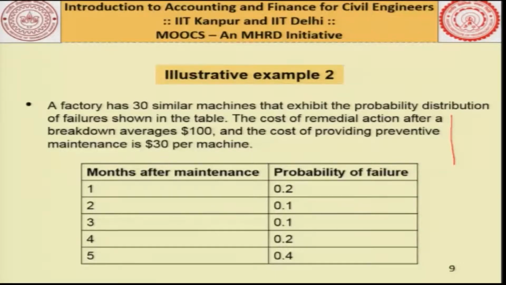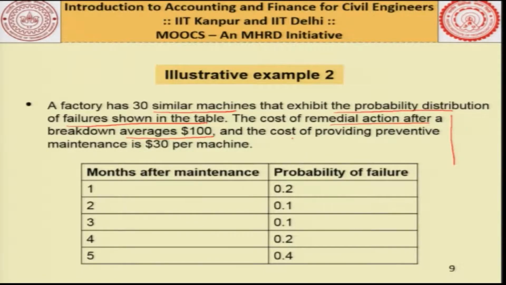That organization has 30 similar machines that exhibit the probability distribution of failures as shown in the following table. It is also noticed that the cost of remedial action after a breakdown is averaging $100. That means, suppose some equipment has failed, it is under breakdown, and if you want to repair it, on an average it is costing you $100.